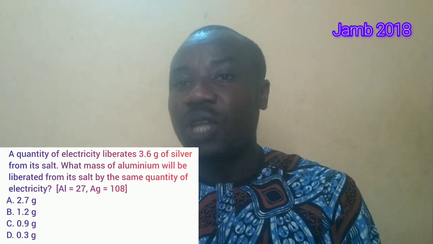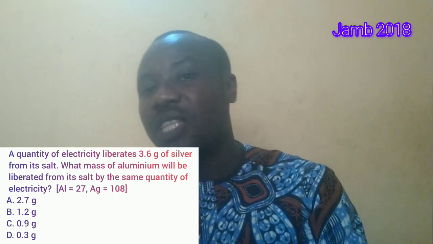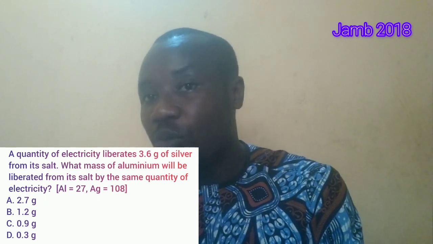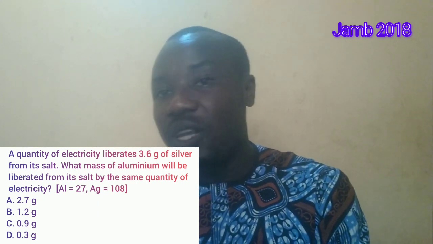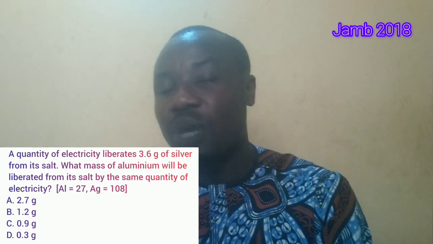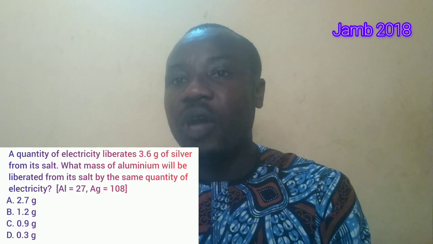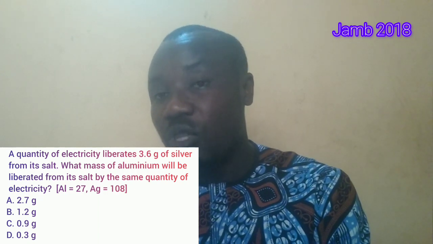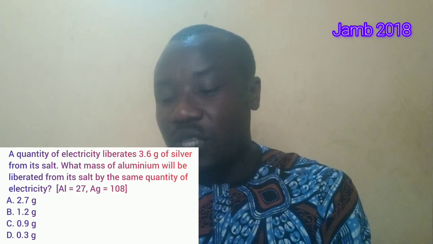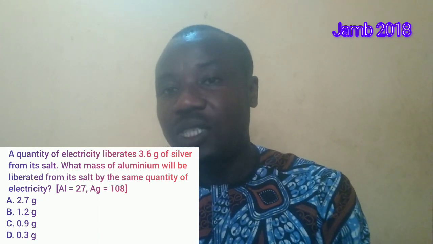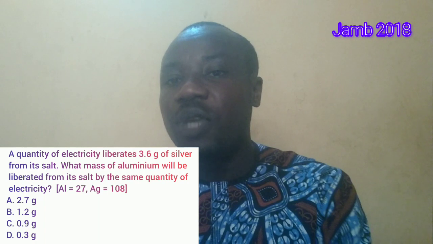It's now left for us to equate it to know what mass of aluminium was deposited. When you look at aluminium, for you to get an aluminium ion, there will be loss of 3 electrons. That means 27 grams of aluminium will give you 3 Faraday. So you now have 27 grams equal to 3 times 96,500. So S gram will give you the quantity of electricity we have from that of silver, which is 3,216.6667. From there you equate and solve.